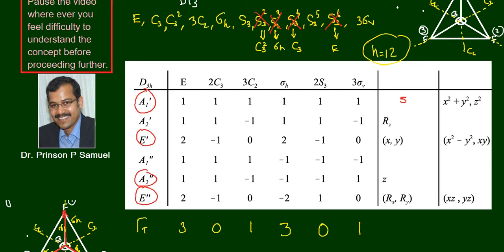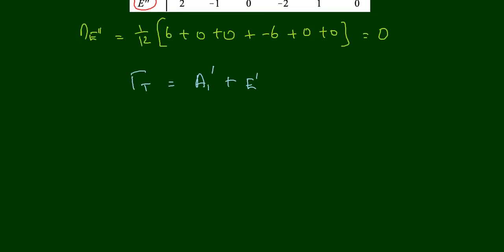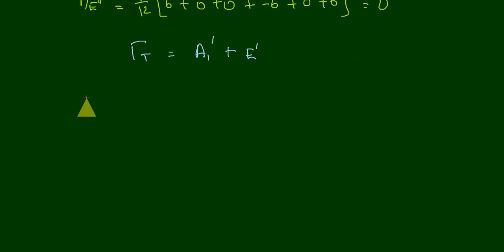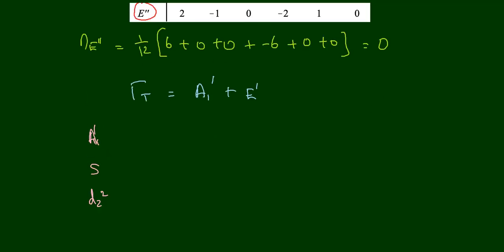Let me write it there, s and dz square. So let me take another color so it will be easier for your eyes. A1 dash is s and dz square. These are the two possibilities from A1 dash. So one A1 dash plus E dash.